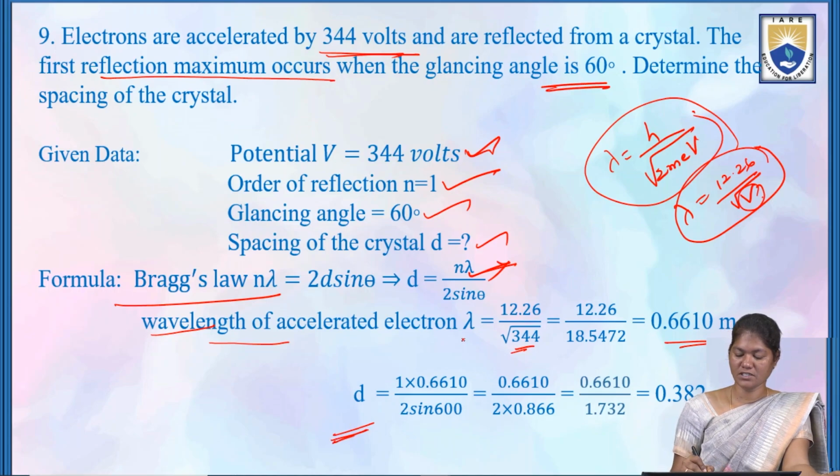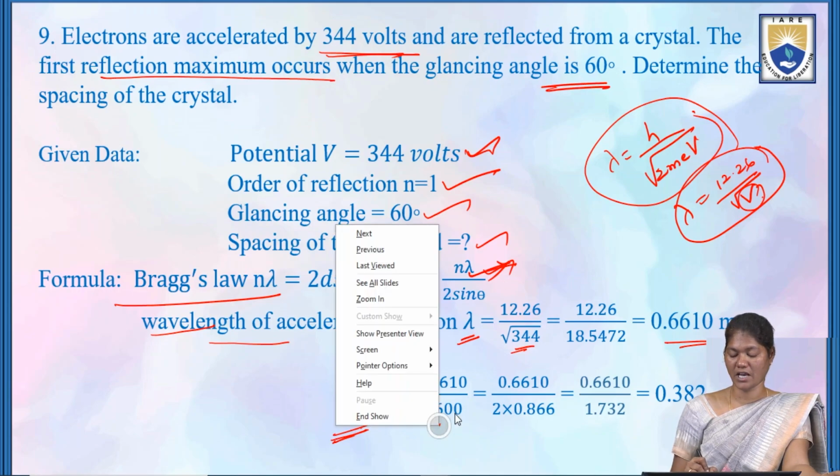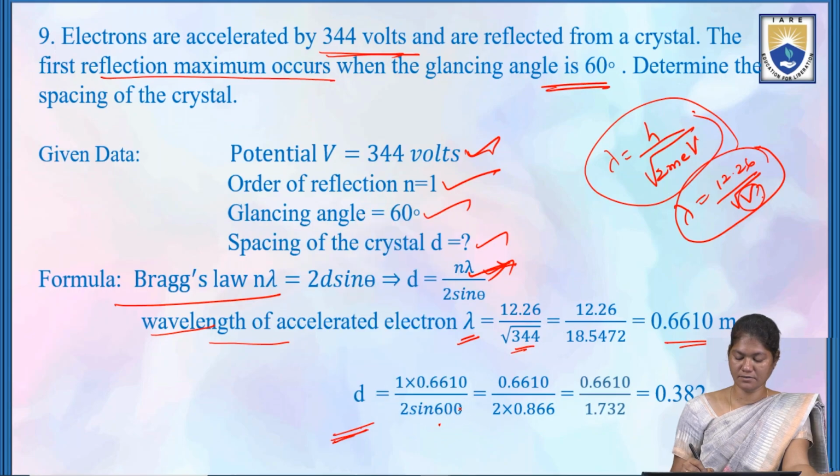Then substituting this lambda in the interplanar spacing, d is equal to n lambda by 2 sin 60 degrees.